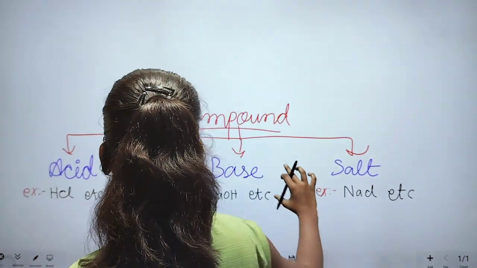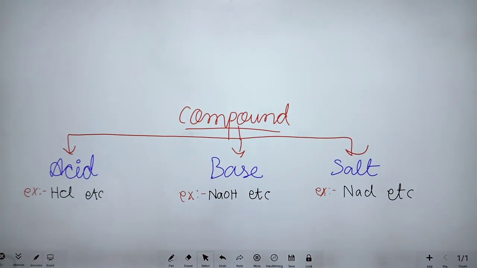On the basis of acidic or basic nature, there are three types of compound: acid, base, and salt. And B, on the basis of bonding, the compounds are two types: ionic and covalent compound.